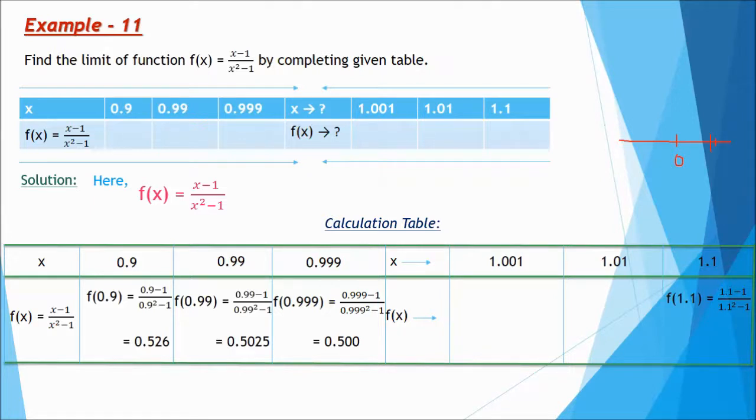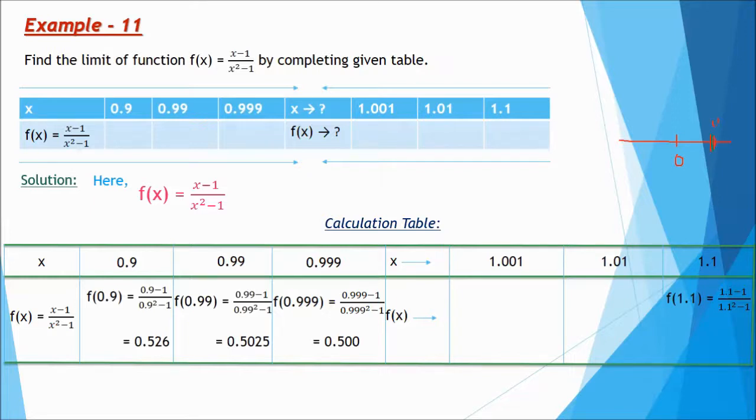Now 1.01 is nearer. If we draw another line here, it is 1.1, and 1.001 will be nearer and nearer to our fixed number.